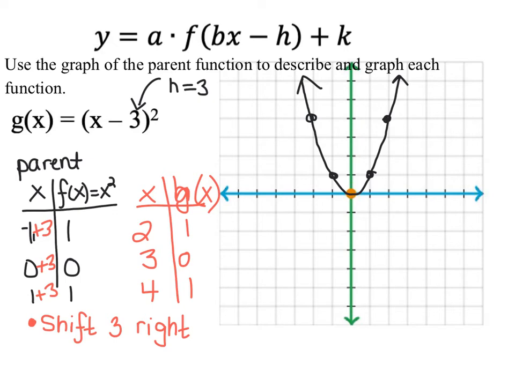And then I'm just going to plot them: 2, 1, 3, 0, 4, 1. And it certainly wouldn't hurt to add the other ones. I kind of missed. That's not the smoothest curve, but you can see it has shifted 3 to the right.